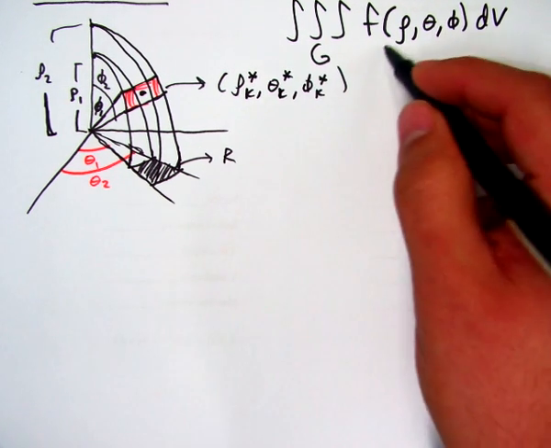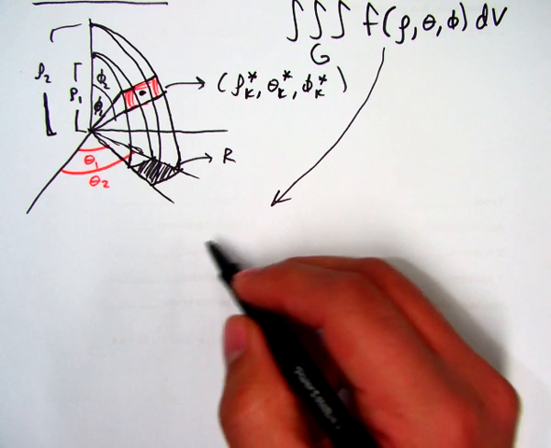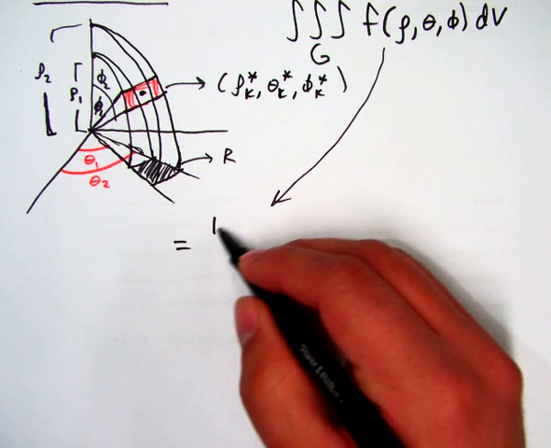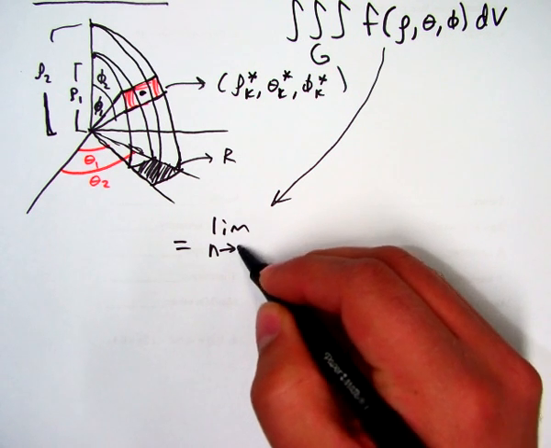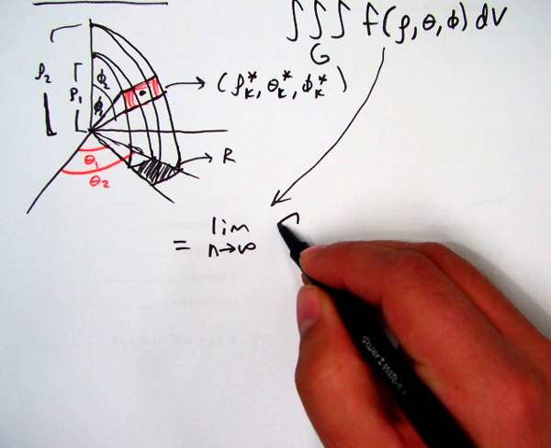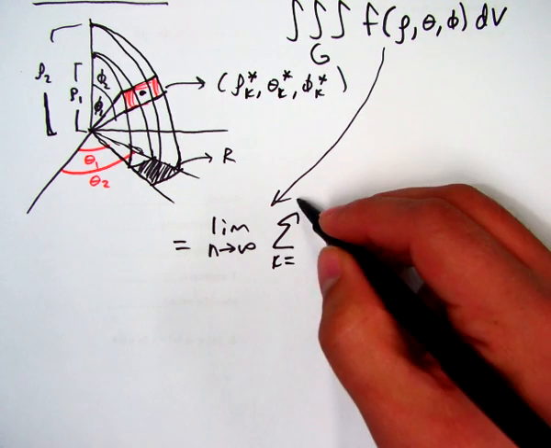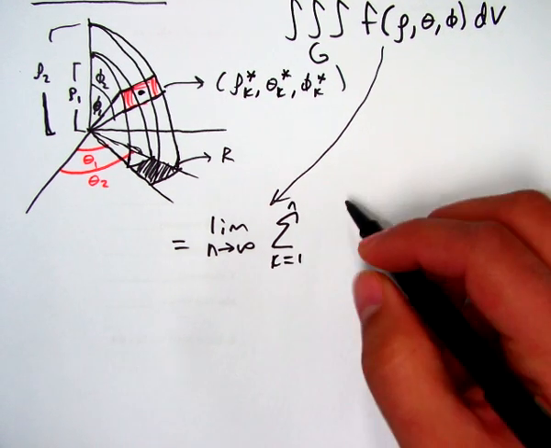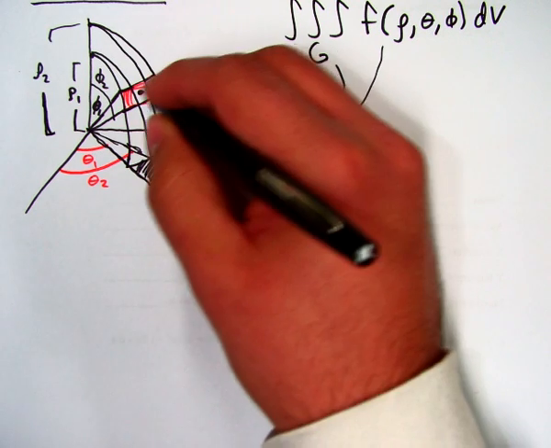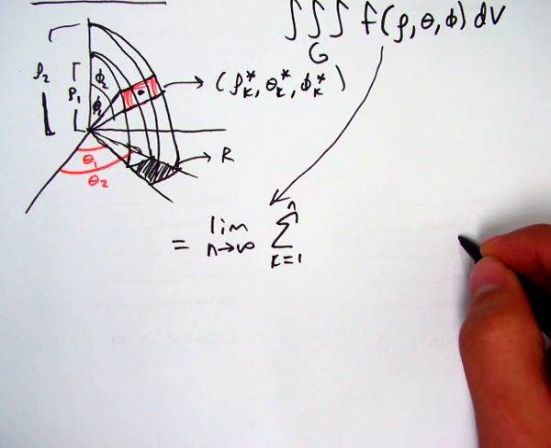The triple integral is going to be defined as the limit as n goes to infinity of the volume of these little wedges, which we're going to call delta v sub k.